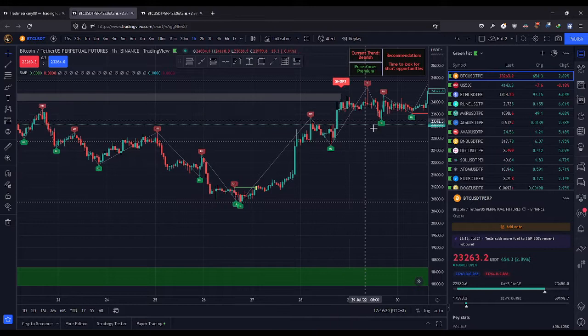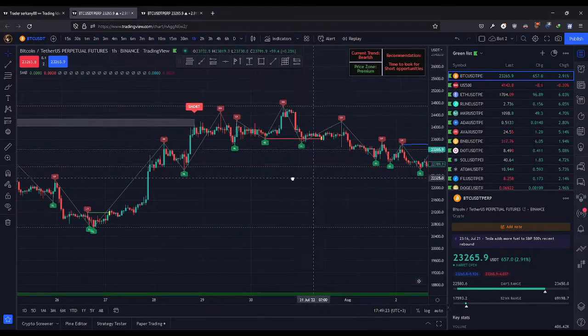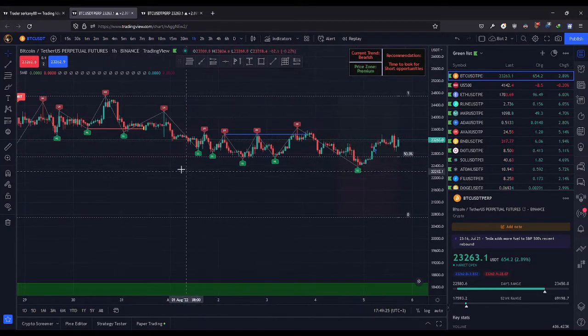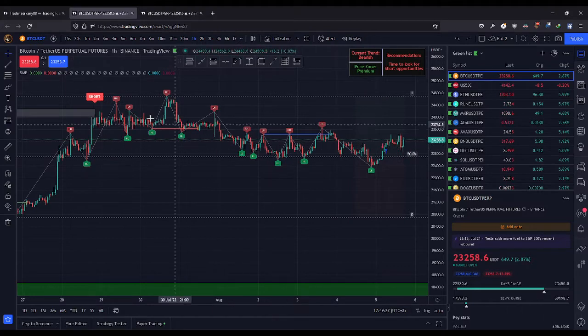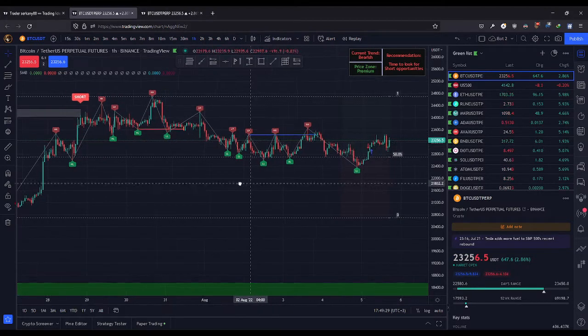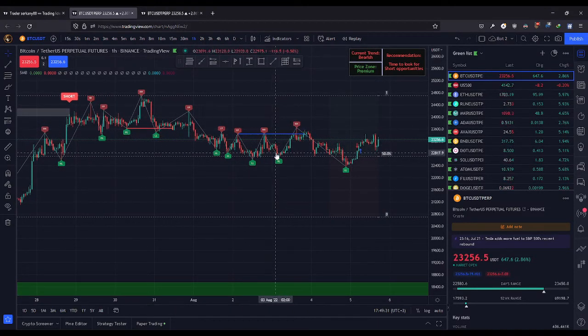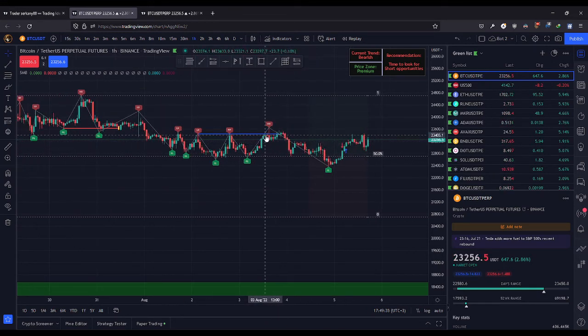You can see the line over here, and the short drawn here, and the price is going down. You can see here there's a little bit of a break, but the system says that this is not really a change of structure yet. Don't stop out or go into longs.